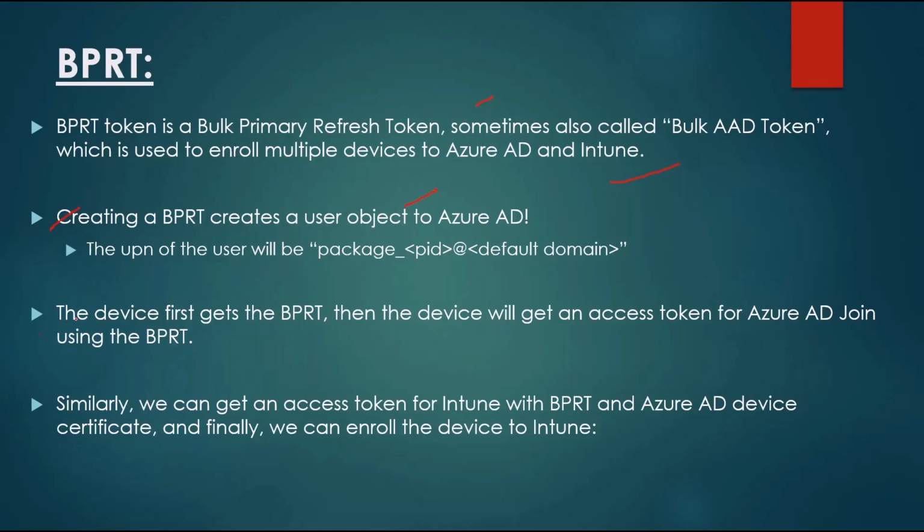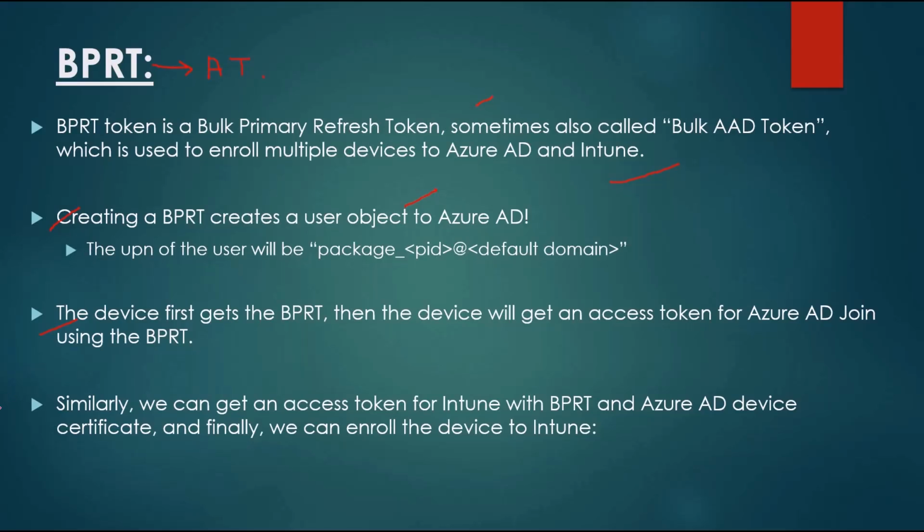The device first gets the BPRT, then the device gets an access token for Azure AD join using the BPRT. How did it get the BPRT? Because the admin entered his global admin credentials while creating the package. When we run this package on all the end machines, each machine gets an access token by using the BPRT.